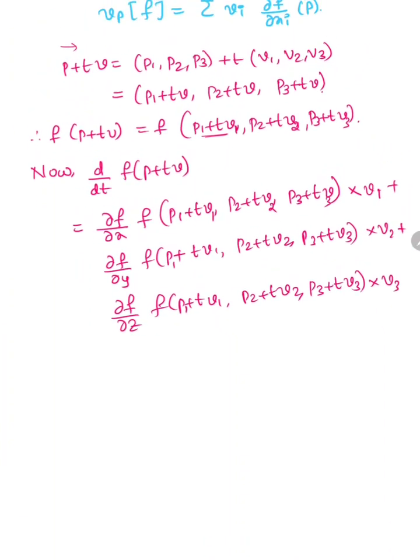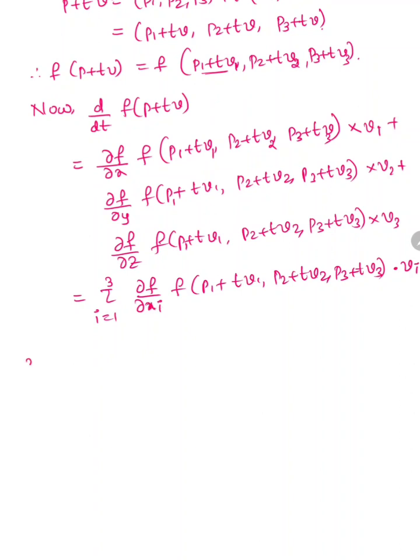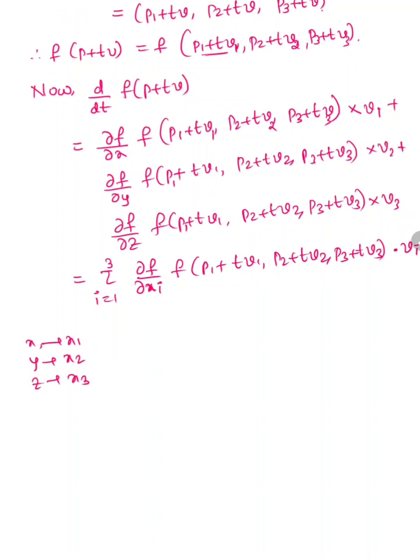So I can write this as the summation of dou f by dou xi for i equal to 1 to 3, of f at (p1 plus tv1, p2 plus tv2, p3 plus tv3) multiplied by vi. Because I am writing dou of xi, I am taking x as x1, y as x2 and z as x3. So therefore I can write d by dt of f of p plus tv by this expression.